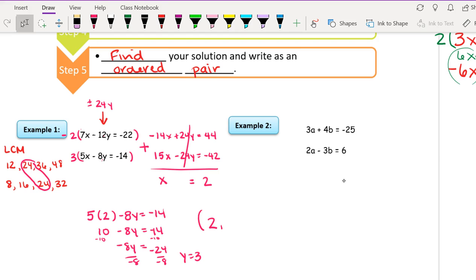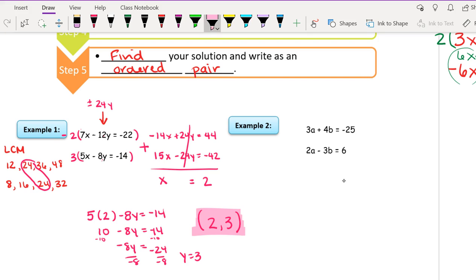So your system has (2, 3) as the solution. We just had to make sure that we multiply to get the least common multiple. You don't always have to use the least common multiple. If you can multiply to get the numbers the same, it's always going to work out. Just your numbers tend to get large.